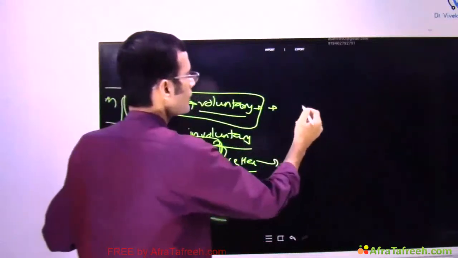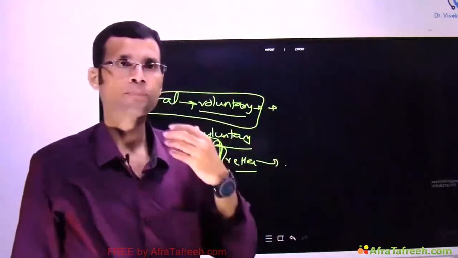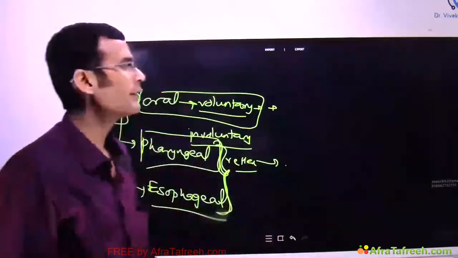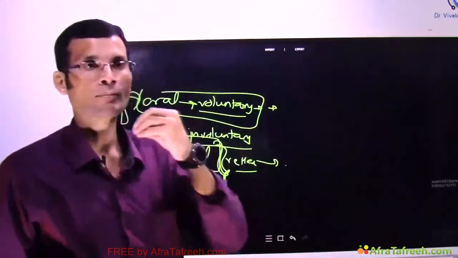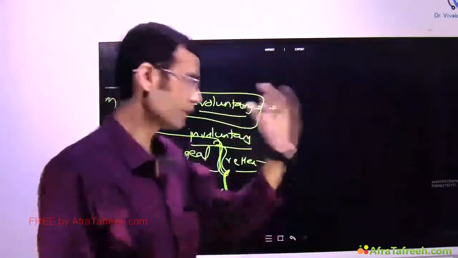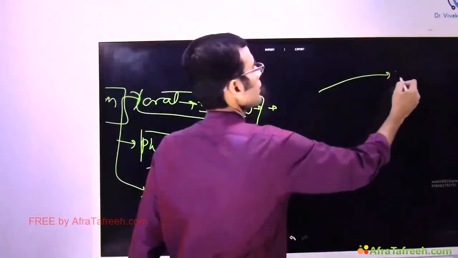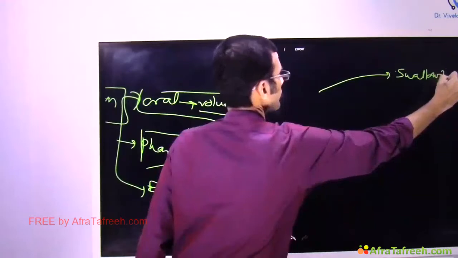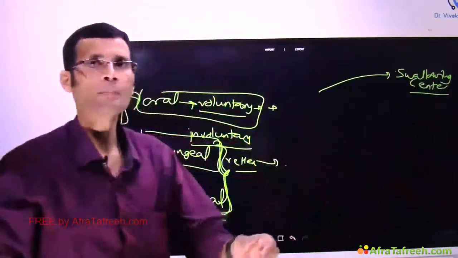This reflex is started when food particles touch the pharyngeal wall. Particularly sensitive areas are the tonsillar pillars. When some food particle touches there, reflexes are initiated, and then the swallowing center in the medulla will cause what is called deglutition apnea.